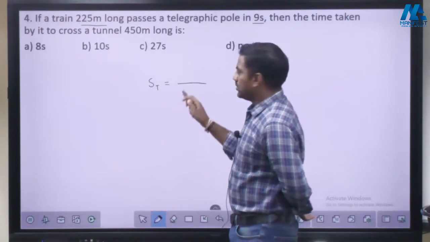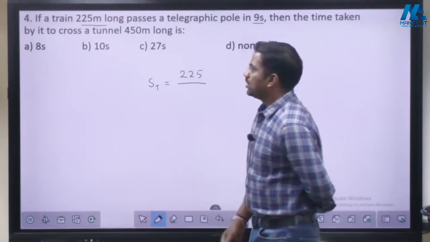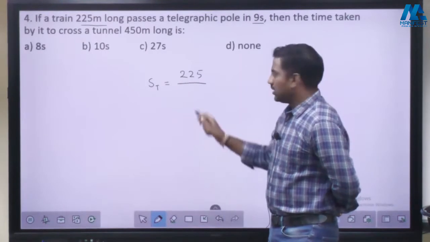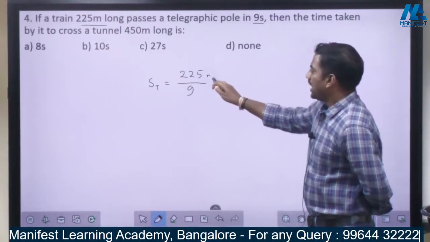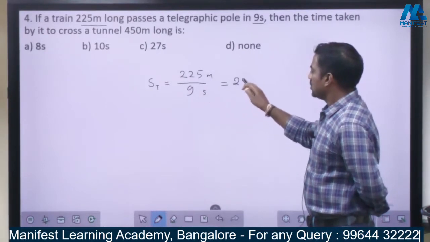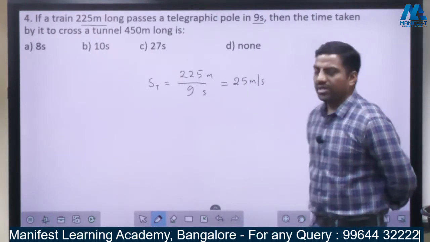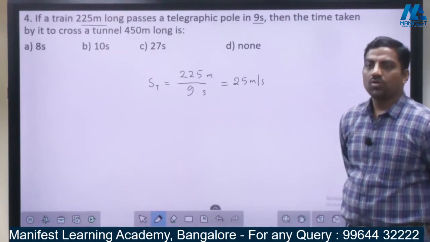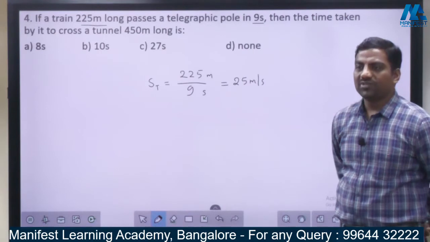Length of the train is how much? 225 divided by time, 9. And anyways, it is in meter and it is in second. So this is nothing but 25 meter per second. Yes? Yes or no? So by this we got the speed of the train.